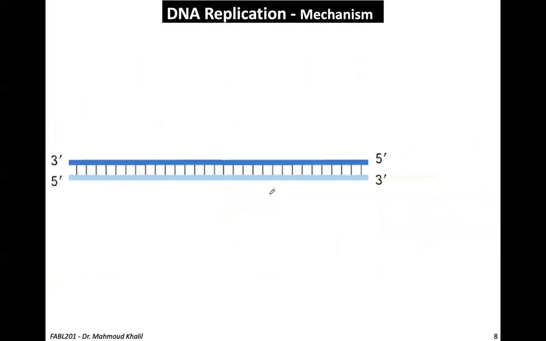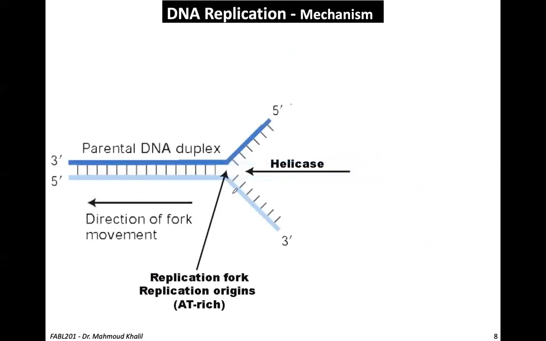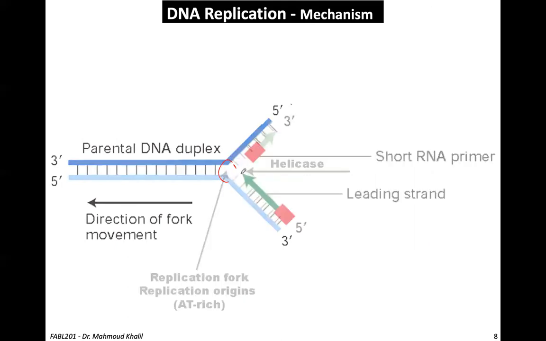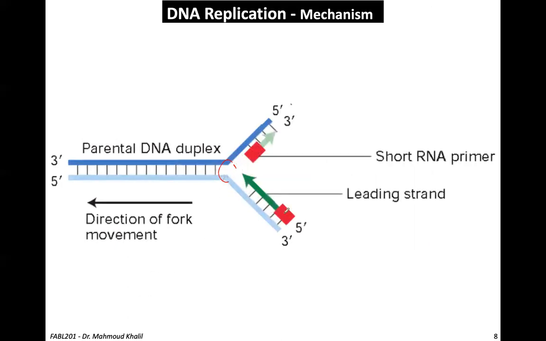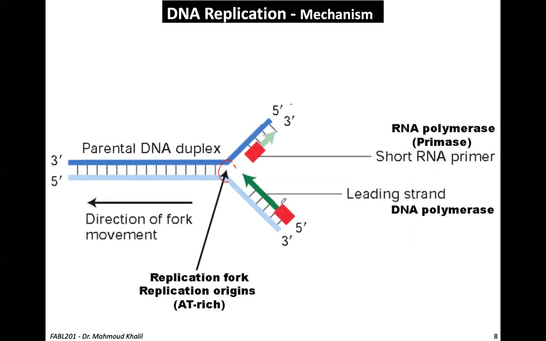So here, let's see how the replication occurs. You have a double-stranded DNA, and a helicase starts melting the DNA. Now the replication fork is formed. This is called the replication fork at the replication origin. A primer starts to be added on the template, and now the DNA polymerase will start building the DNA.